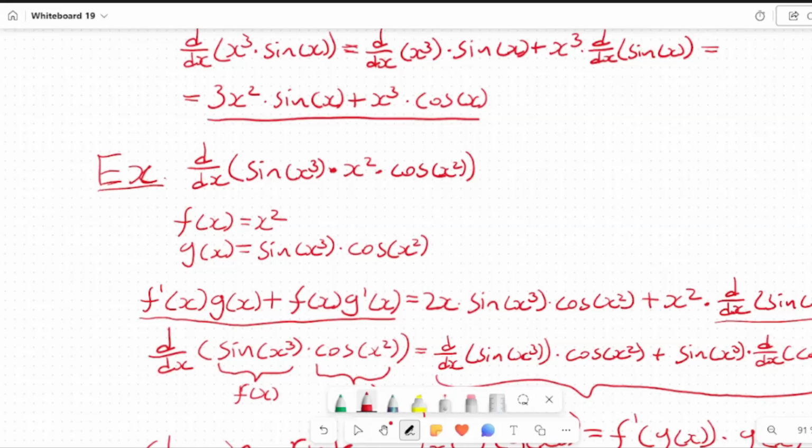You can actually set, because this is associative, so you're allowed to pretty much say that f of x equals x squared times sine of x cubed, or x squared times cosine of x squared. It doesn't necessarily matter, I just chose randomly.